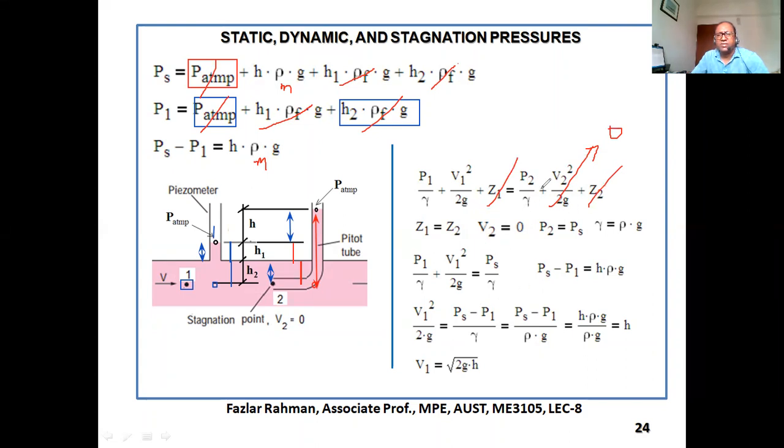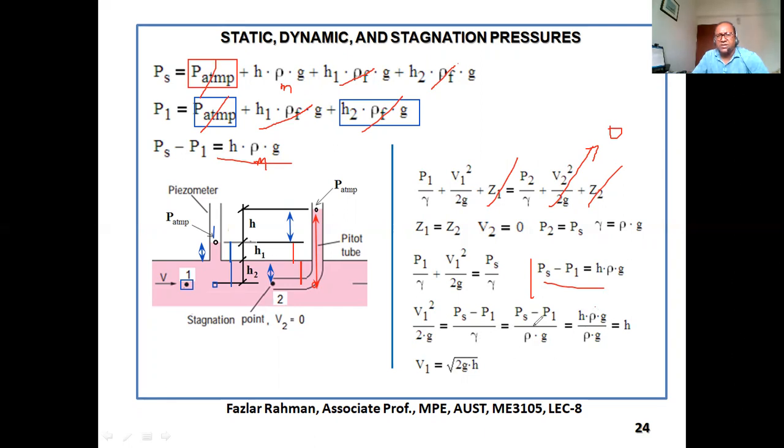So our equation, coming to the right side, is PS by gamma, V1 squared by 2g, P1 by gamma. And this one we got from here, it is rho g. From here, you figure out V1 squared by 2g equals PS minus P1 divided by gamma.